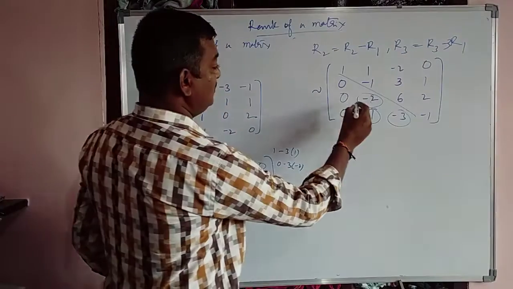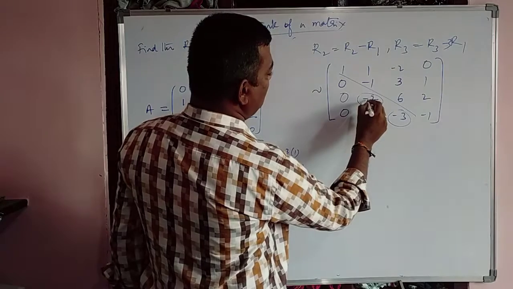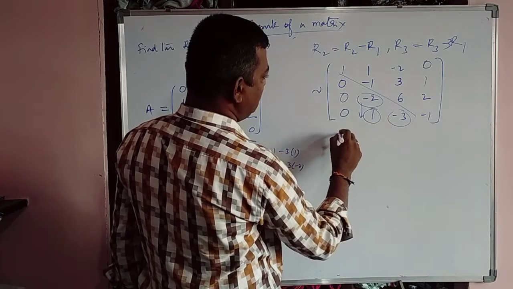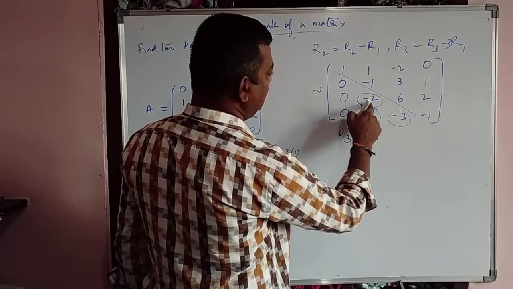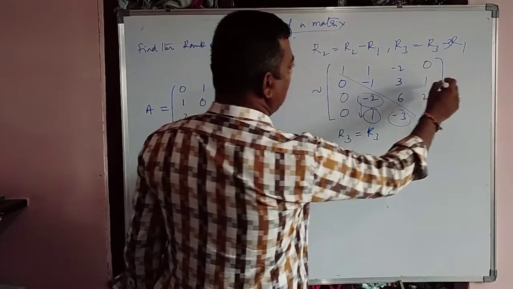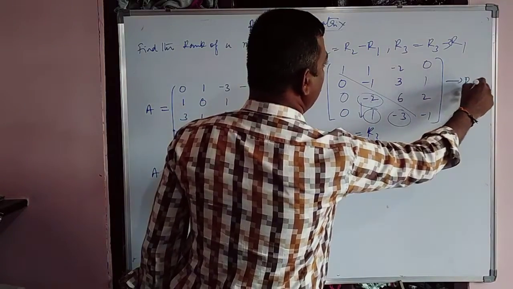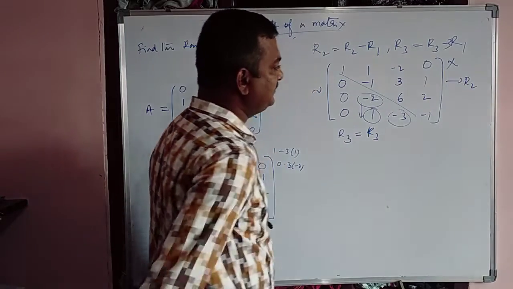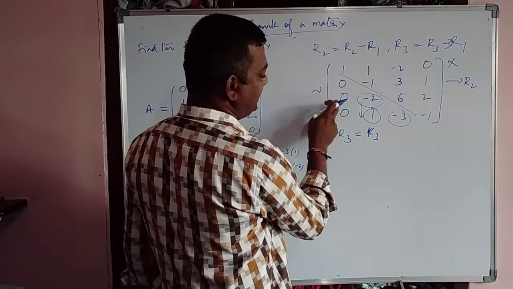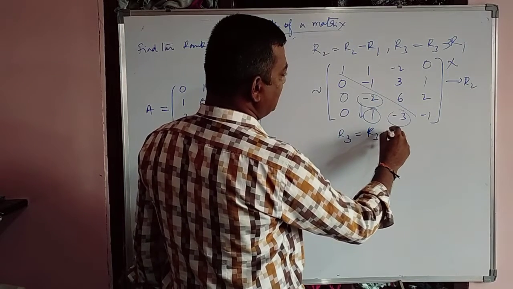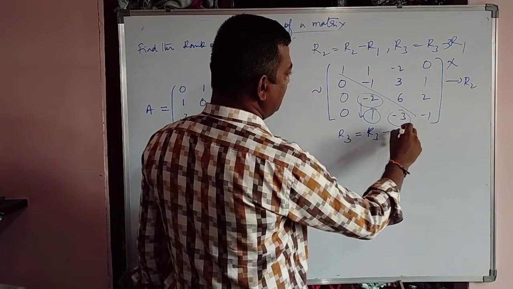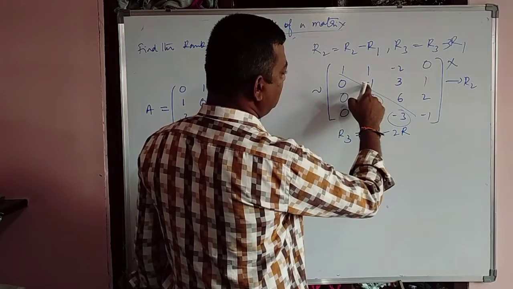Now I want to make minus 2 into 0, that is the R3 element. For R3, I am using R2 here, not R1, because if I use R1, again 1 appears here. So R3 minus 2 times R2.